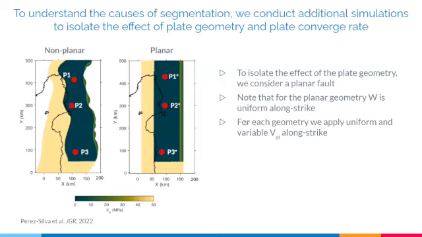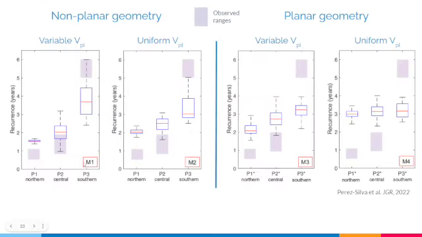And we also consider simulations in which we applied both a uniform and a variable plate rate to see the effect of removing this change. So for each simulation that we conducted, we measure the recurrence interval of the SSEs that emerge at these 3 points along the margin. The results of these changes are seen here.